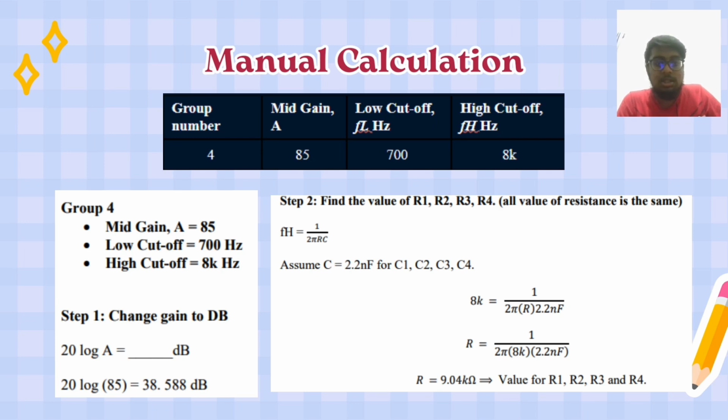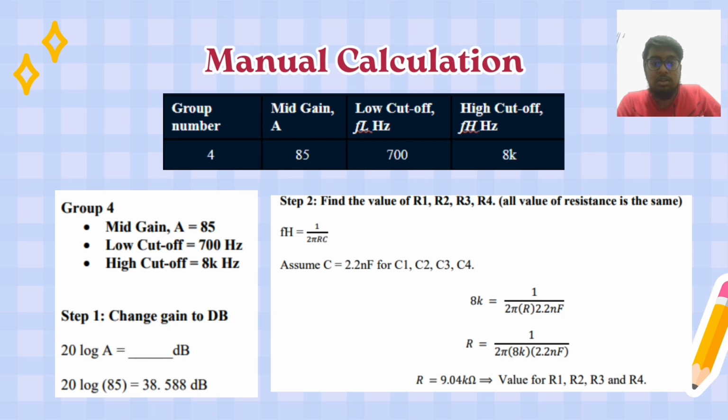Then the second step is find the value of R1, R2 and R3, R4. All the values of resistance are the same, so the cutoff frequency FH equals 1 over 2 pi RC. We need to assume the capacitor since we don't know the capacitor value. So we assume C is 2.2 nanofarad for C1, C2, C3 and C4.